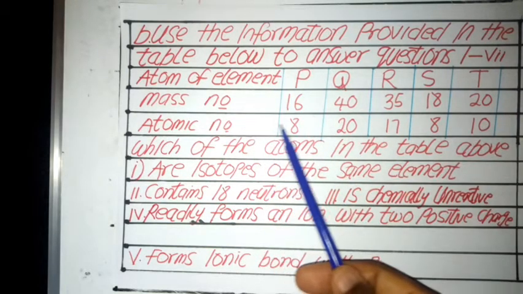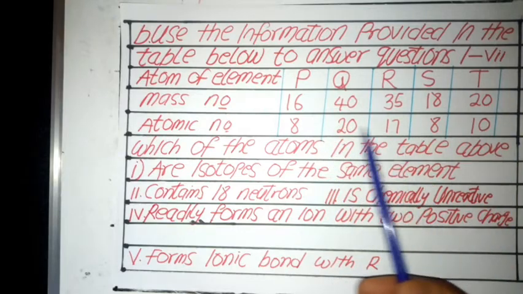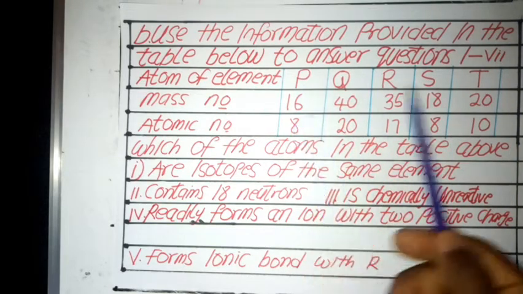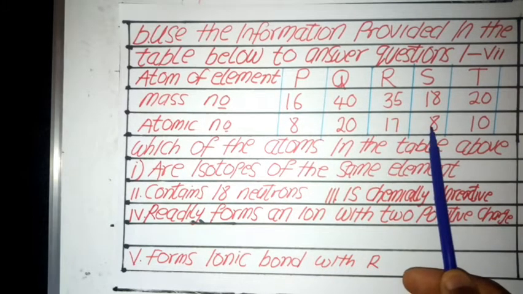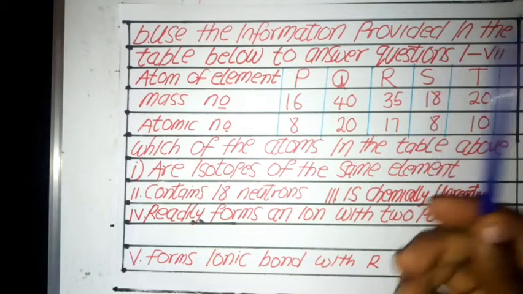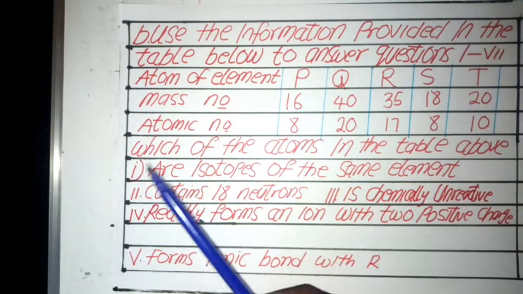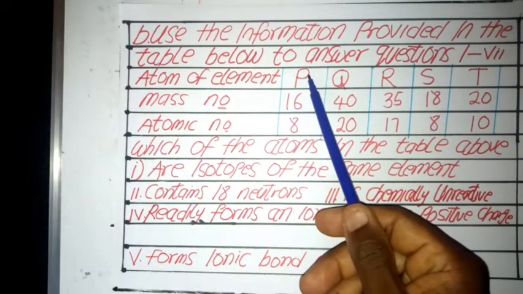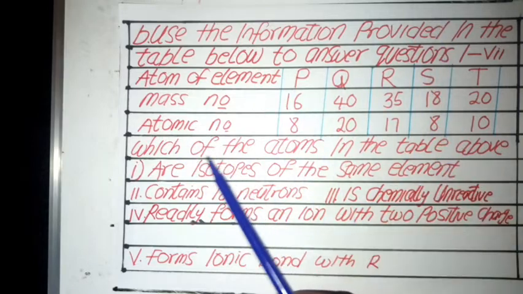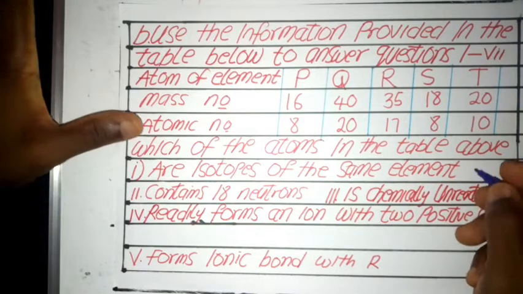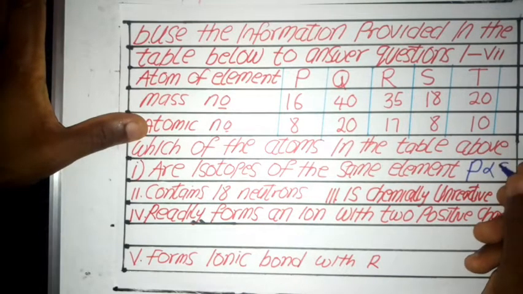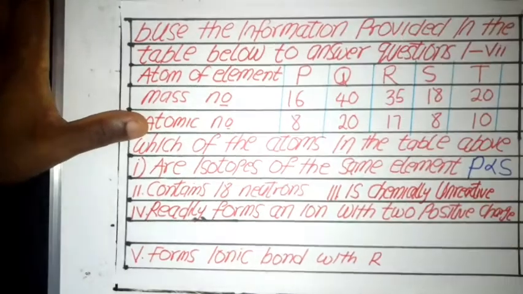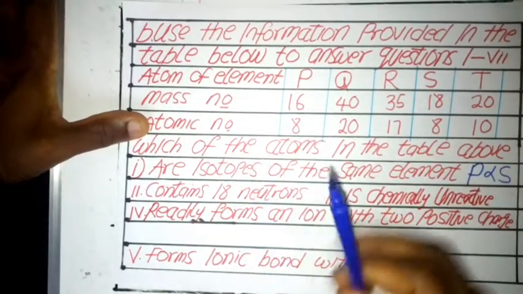So from this table now, if you watch, it is only P and S. They have the same atomic number but different mass number. So this is isotopy, right? So P and S are isotopes of the same element.